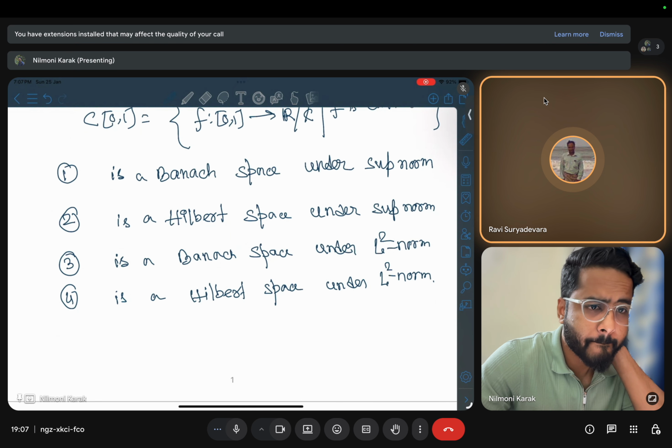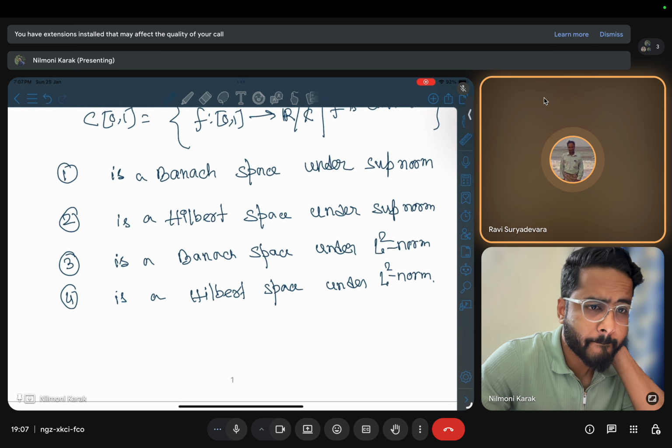Complete means you take a Cauchy sequence from X, and it converges in X only. That is called complete. So R is complete, right? R is a complete normed vector space.